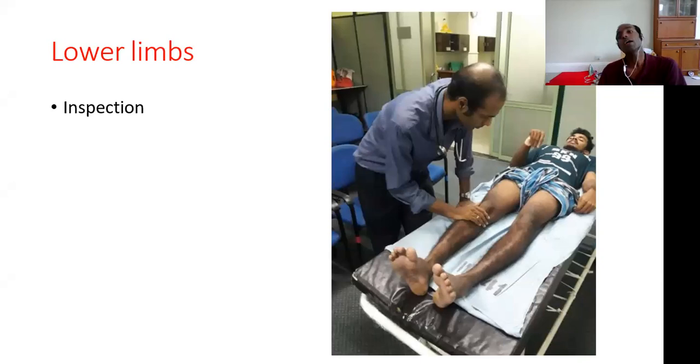Now remember that wasting will be very clearly seen in the thighs. So that is one of the important places to look for. Also if there's wasting in the lower leg, you will see a very prominent anterior border of the tibia. If you see the prominent anterior border of the tibia, that indicates significant wasting in the legs.